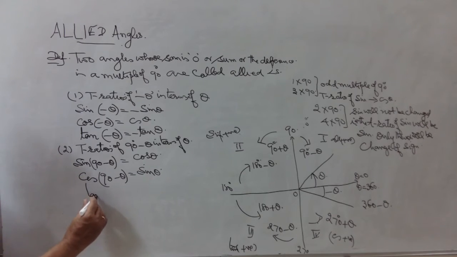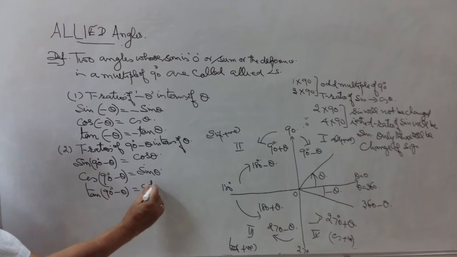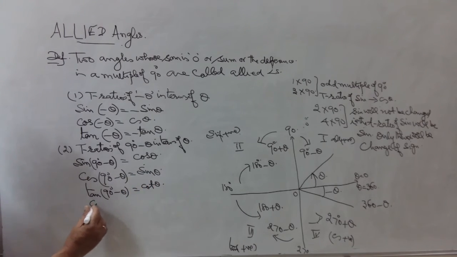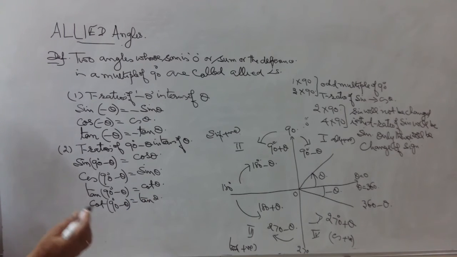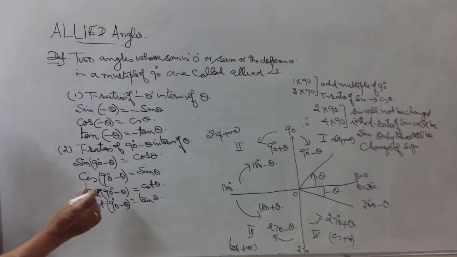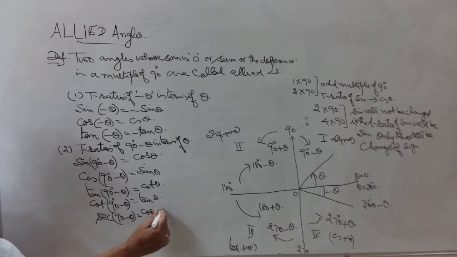Tangent of 90 minus theta, of course we are writing degrees, is cot theta. Similarly, cot 90 minus theta will be tan theta. All positive, of course, but sine changes to cos means the other t ratios will also change. Secant of 90 minus theta is cosecant theta.